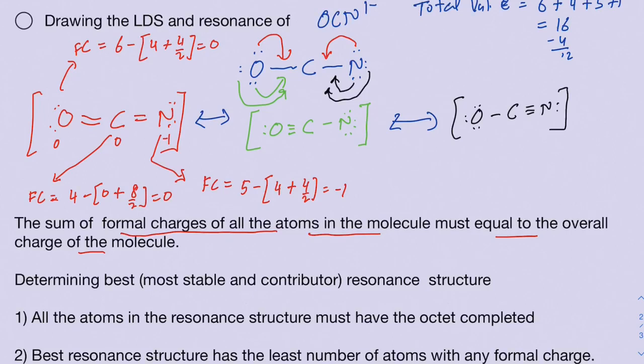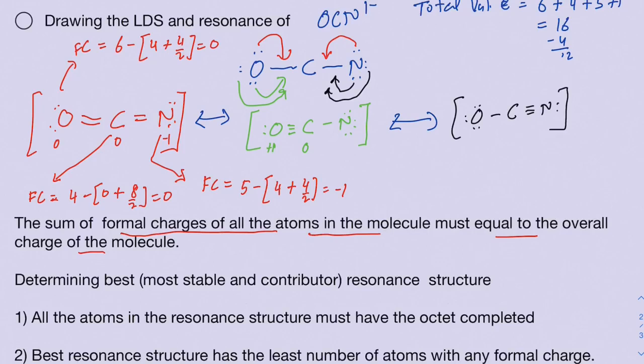So oxygen in the second green resonance structure here, oxygen having 3 bonds and 1 lone pair, so that means it's going to have a positive 1 formal charge. Carbon having 4 bonds around, so 1 triple bond, 1 single bond, so it's still going to have a 0 formal charge. When you look at nitrogen, well, right now, nitrogen actually, even in kind of a little bit worse scenario, you got 3 lone pairs around, and one bonding domain.